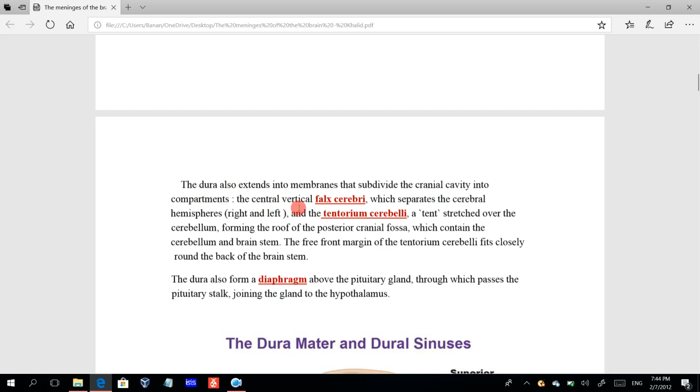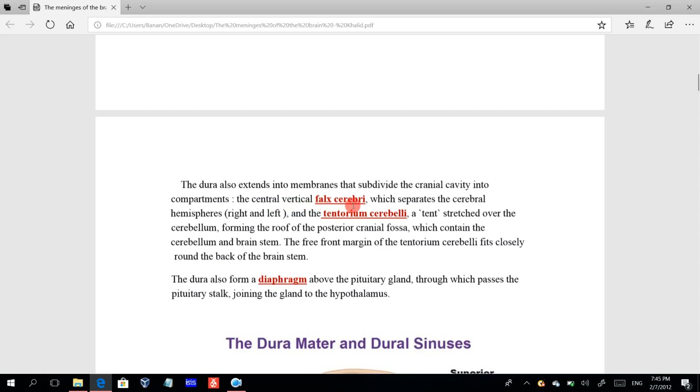The central vertical extension of the dura mater extends in the central part of the cranial cavity between the two hemispheres, between the right and left hemisphere of the brain. And this extension, this membrane of dura mater, is called the falx cerebri.